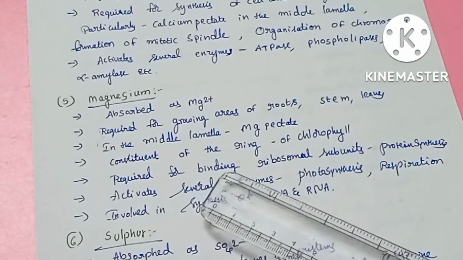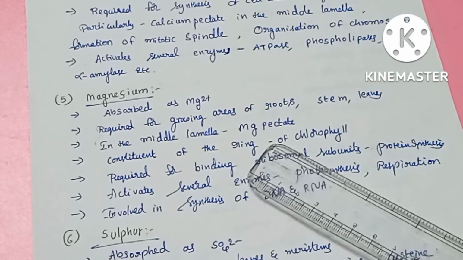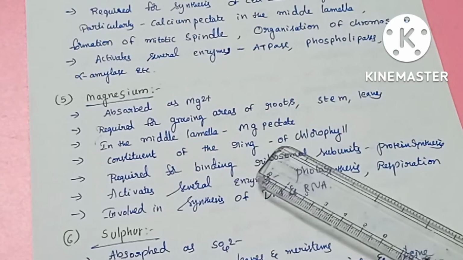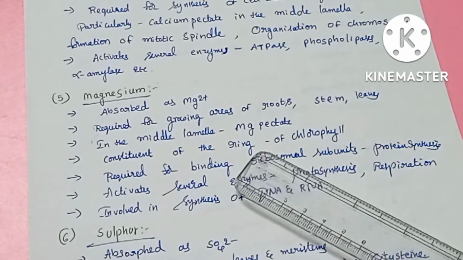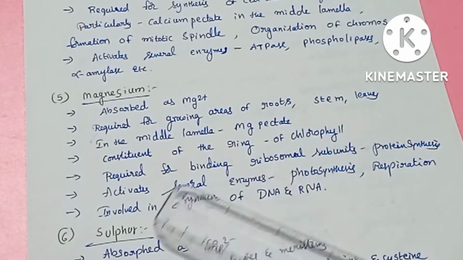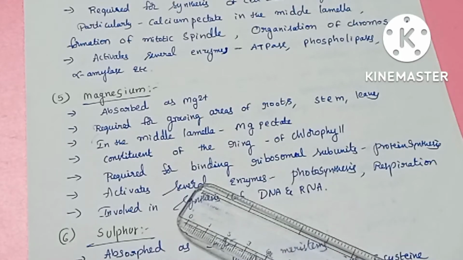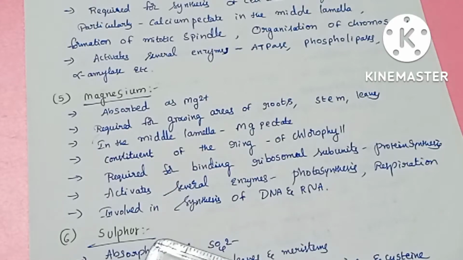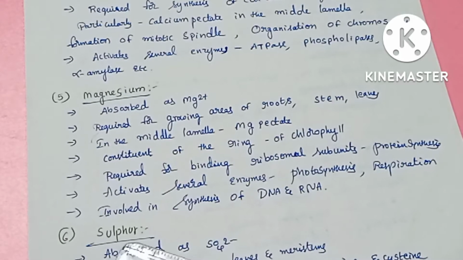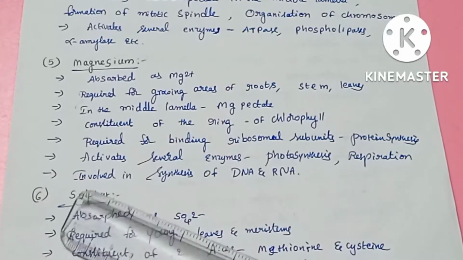And if you see the chlorophyll pigment, the chlorophyll is a ring-like structure. Chemically, it is a ring-like structure. That ring-like structure constitutes magnesium as an important element. And this magnesium is required for the binding of ribosomal subunits during protein synthesis.